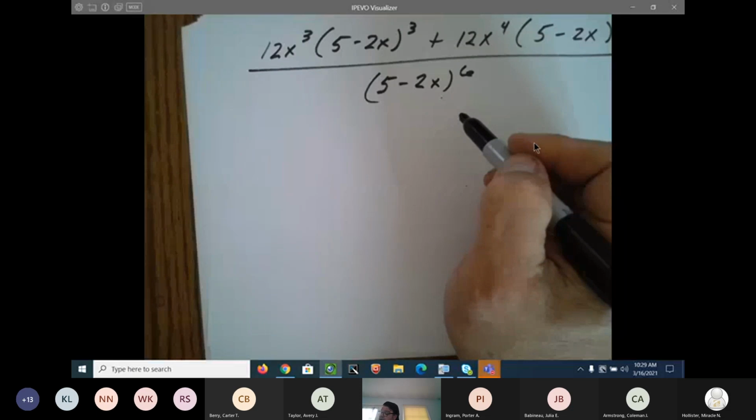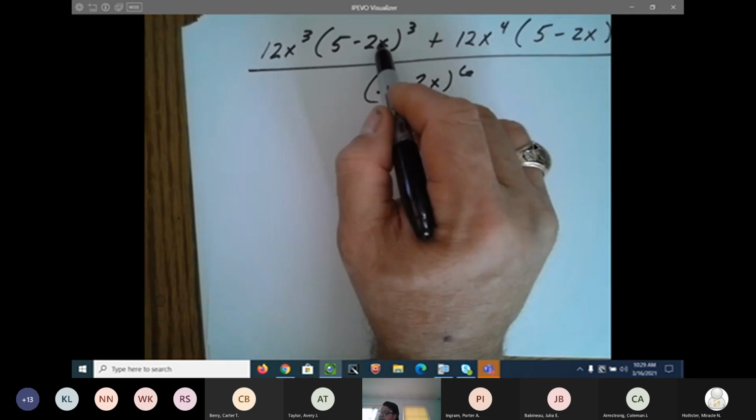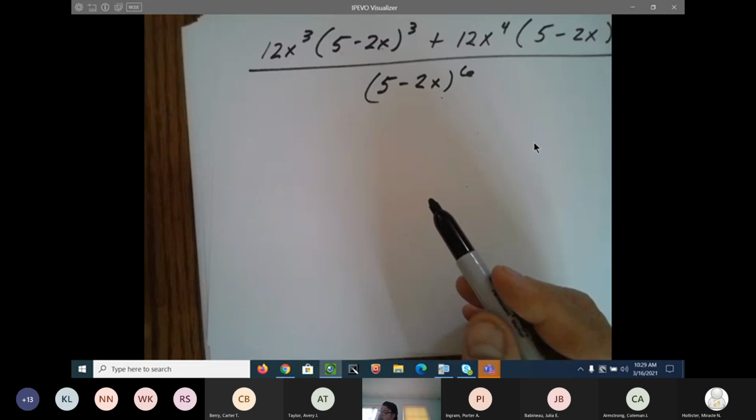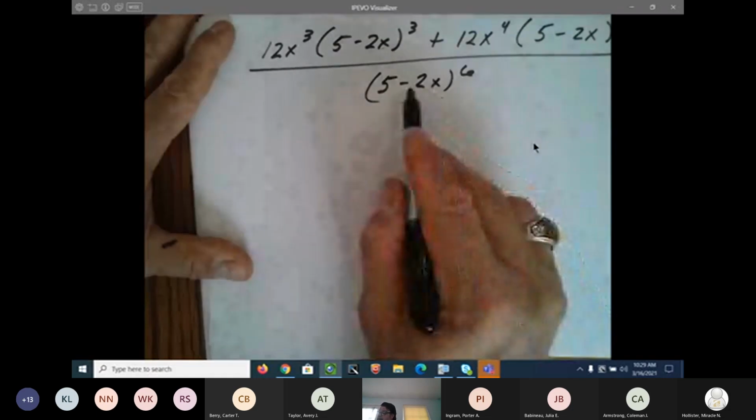I don't see anywhere. I need to cancel something out because that 5 minus 2x to the third power, that's a mess. And that would be that to the third power.